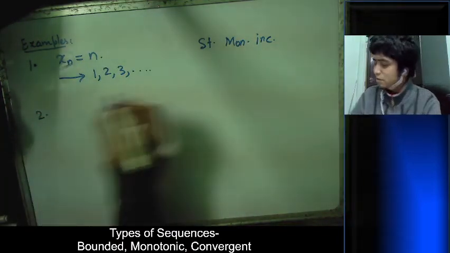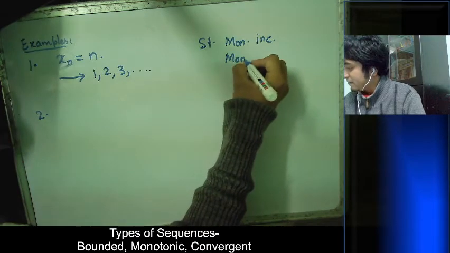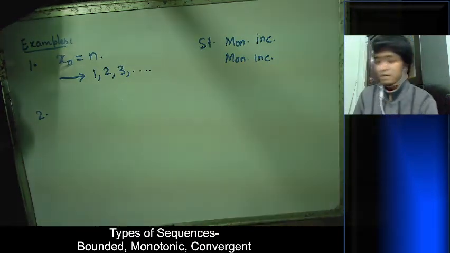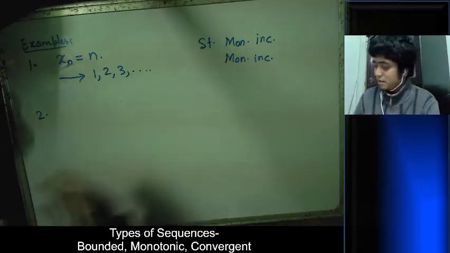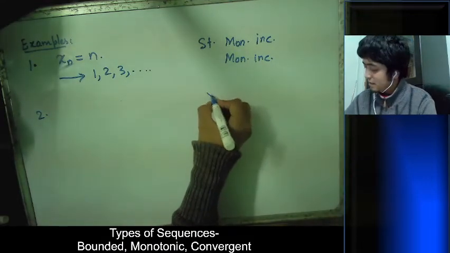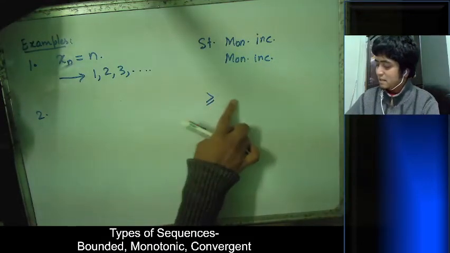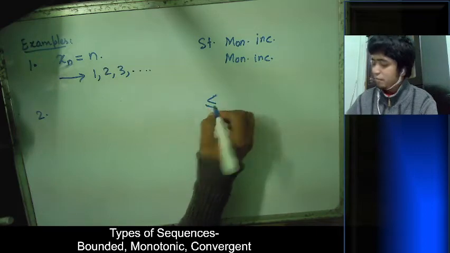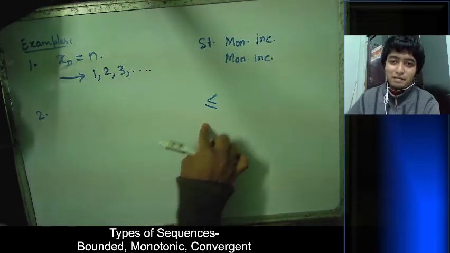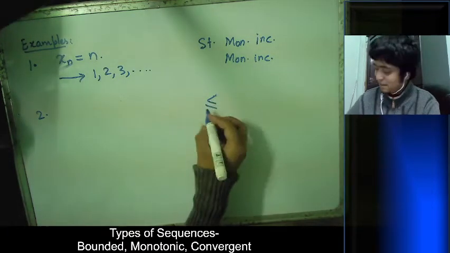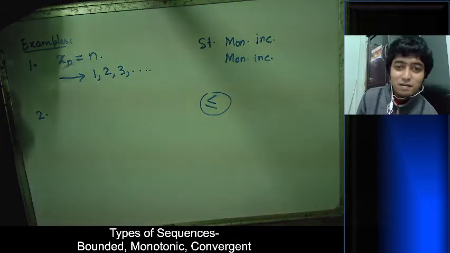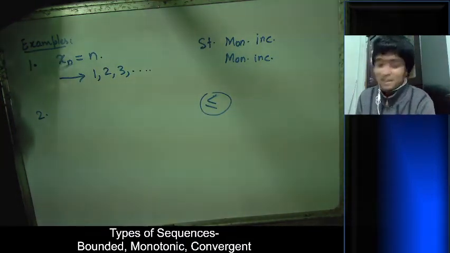It is also monotonic increasing, in fact, because you must remember that this sign means less than or equal to. So even if it is just less than, it will hold. But more about this later.